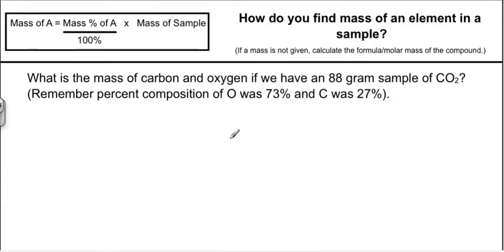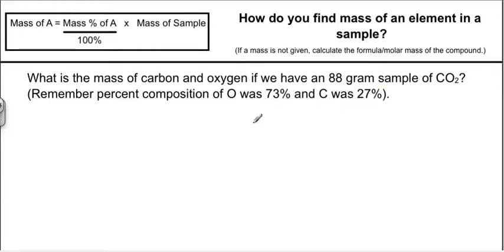The one other type of percent composition question I may ask you is to find the mass of an element in a sample. And it's also important here that if a mass isn't given, you're going to calculate the formula or molar mass of the compound and use that. So in this example, I do give you the mass. It is given, and it's 88 grams of a sample of CO2.